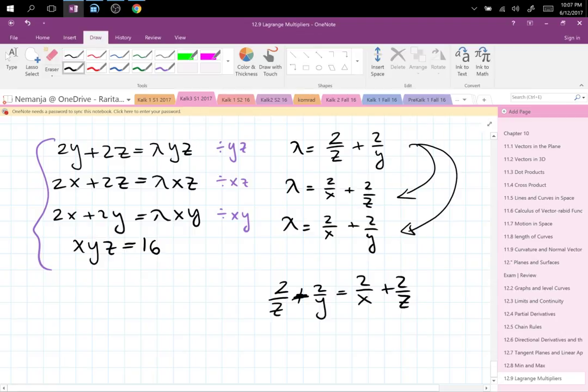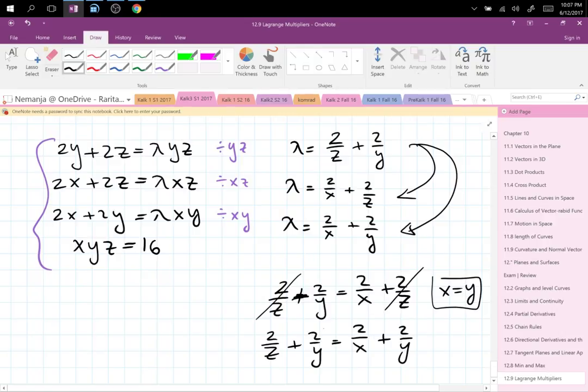And these guys drop, and I get x is y. When I equate the first and the last, 2 over z plus 2 over y equals 2 over x plus 2 over y, these guys drop, and I get what? Very good.